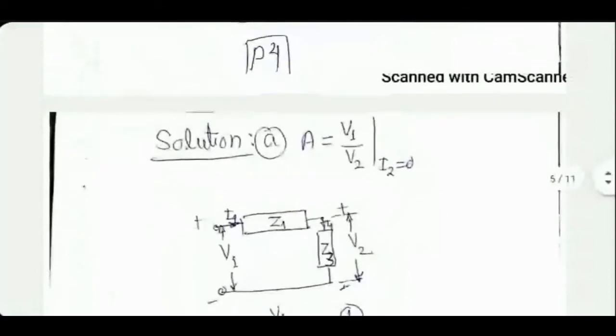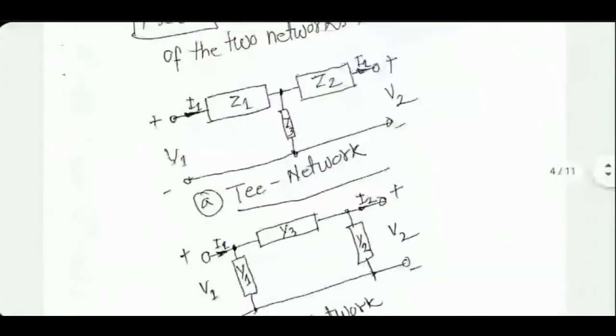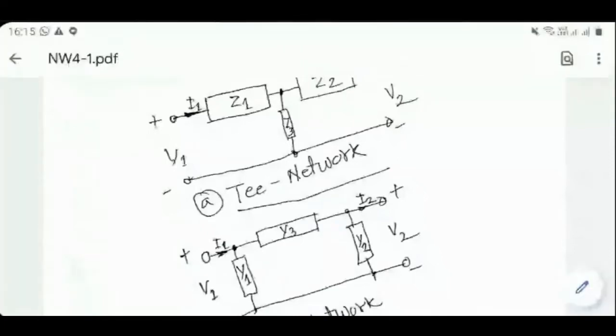In part A, capital A is V1 upon V2 when I2 is 0. I'm looking at the T network right now. If I2 is 0, essentially you have the circuit reduced to Z1 and Z3.